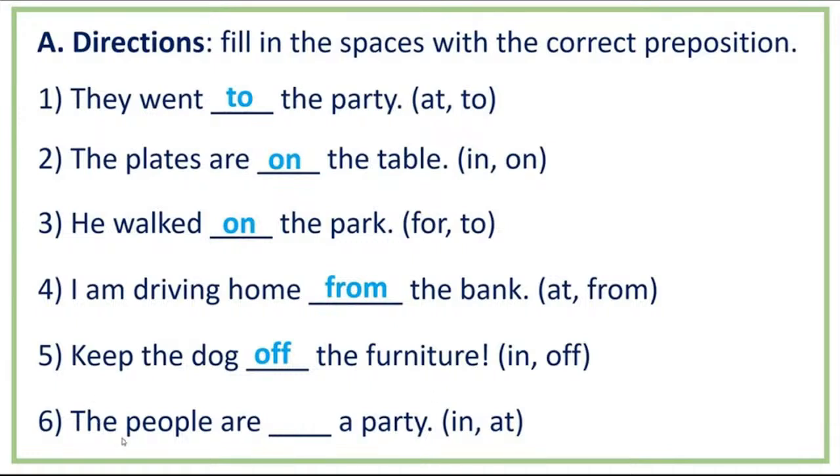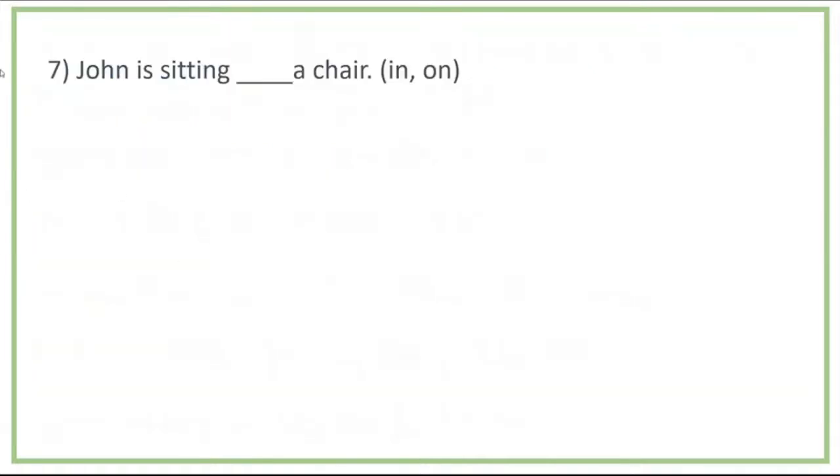Answer is, the people are at a party. Number 7. John is sitting blank a chair. In, on. Answer is, John is sitting in a chair.